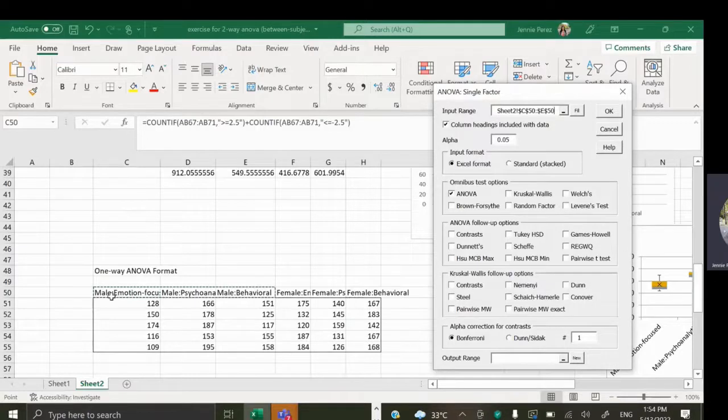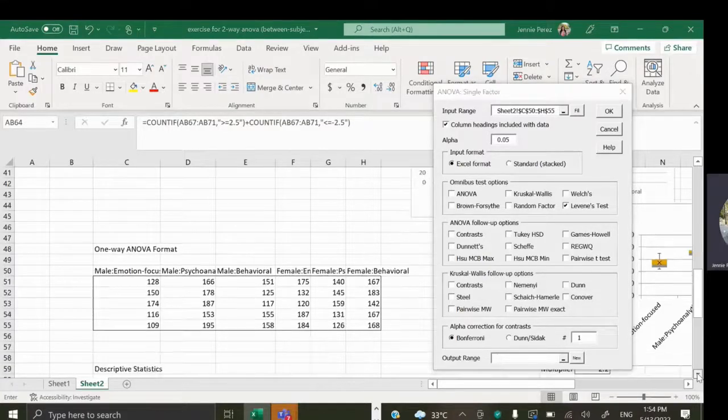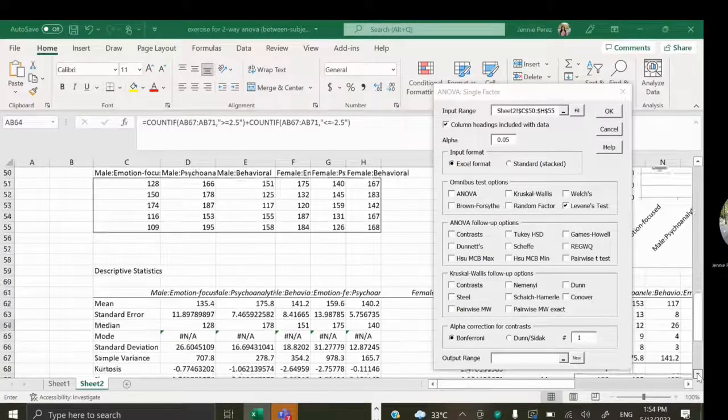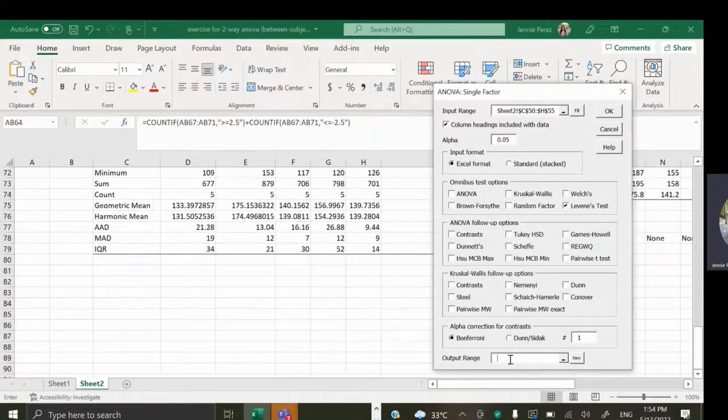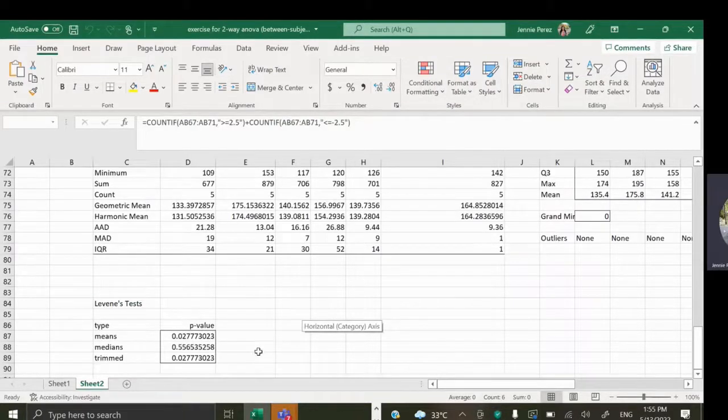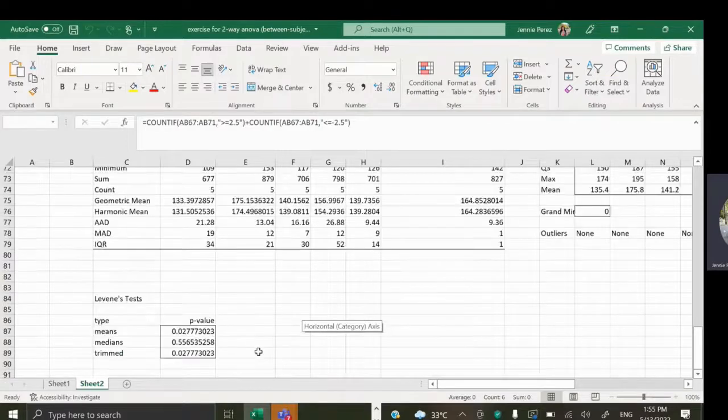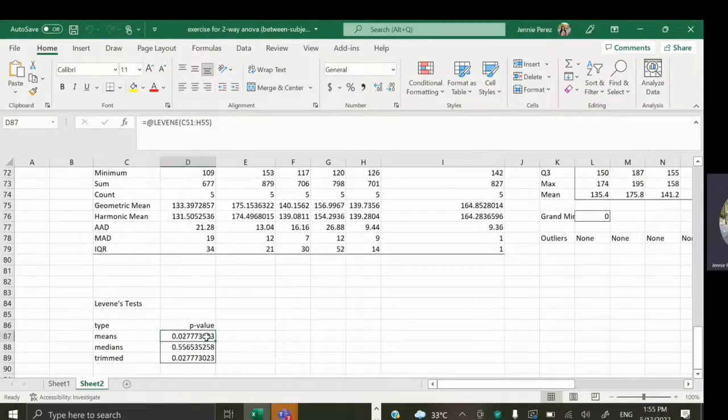So this is our input range. And we check Levene's test. And check our output range. We click OK.